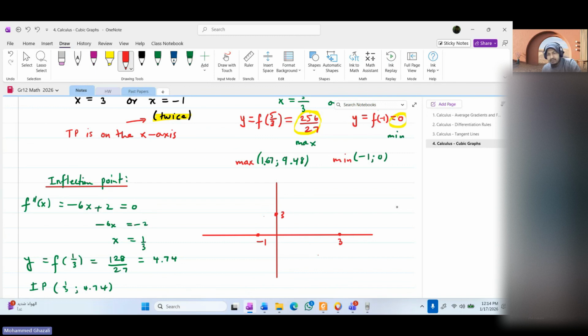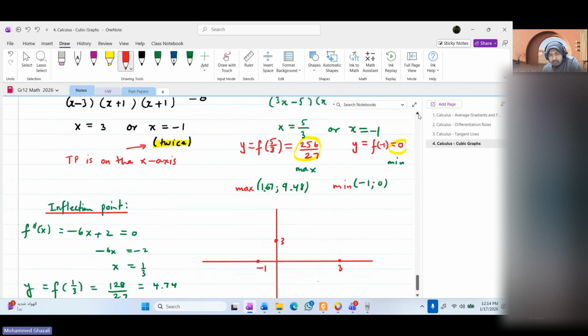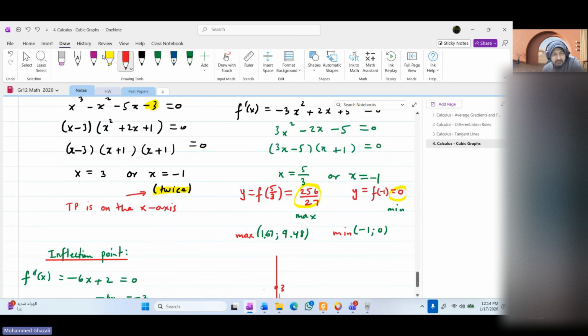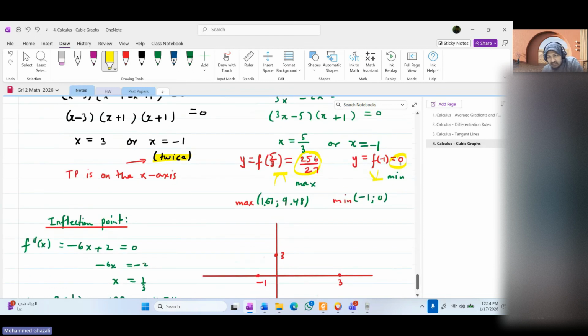Now let's look at the minimum and maximum. A maximum means a sad face, some kind of face like this. A minimum means a happy face. So at -1 and 0, we have a happy face, a minimum.